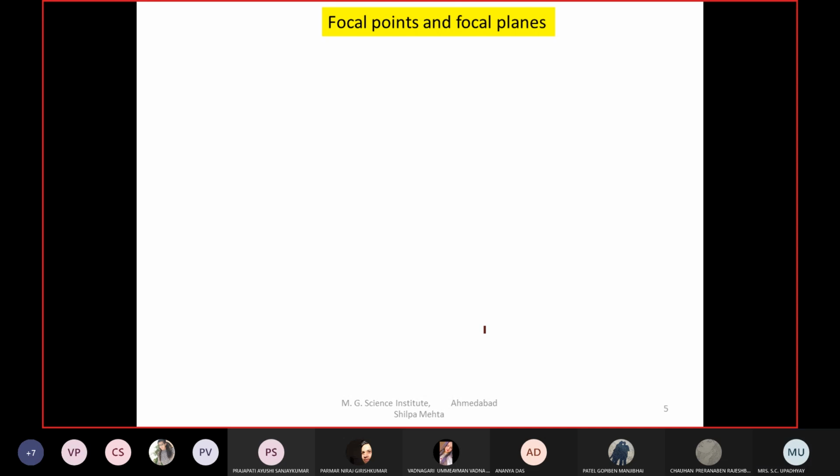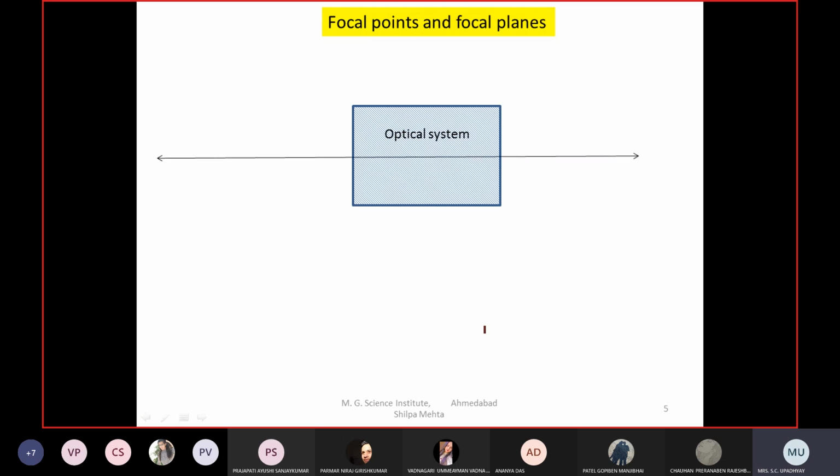So you have already studied the focal point, but let us just look at what focal points are. Suppose this is our optical system. This is the axis of symmetry. The space on the left-hand side is always considered as object space, while the right-hand side space is always considered as image space. So from some center of the system, left side and right-hand side.